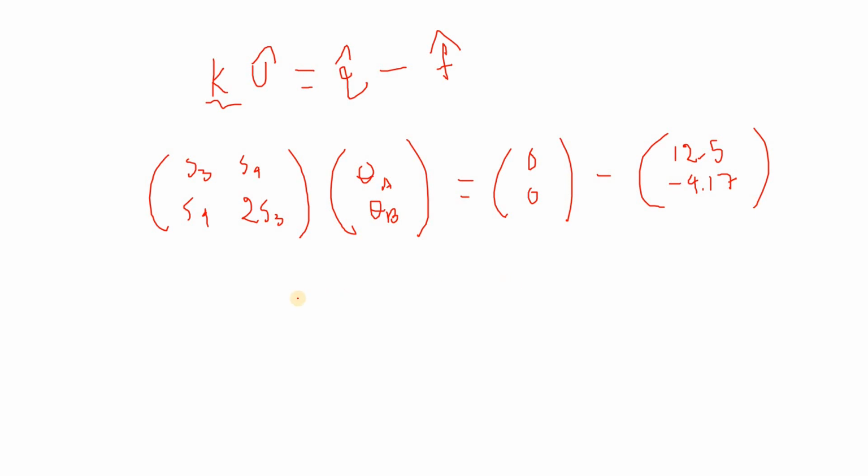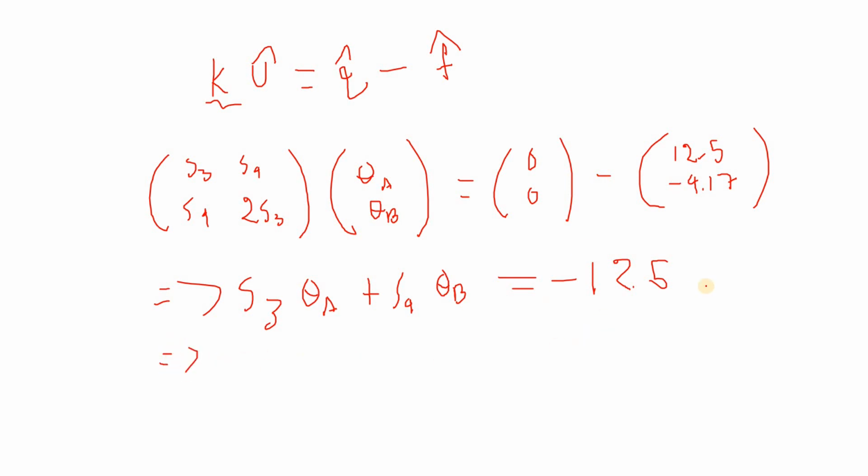Now if we put them into equation format, solving the matrix equation right here, we get S3 theta A plus S4 theta B equals minus 12.5. This minus is actually this minus right over here.